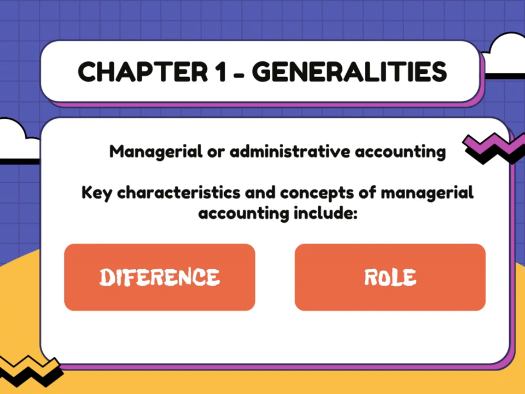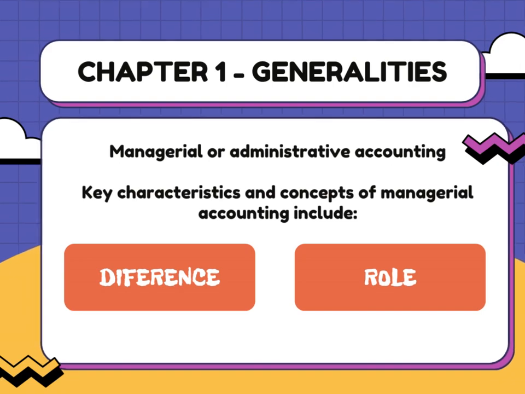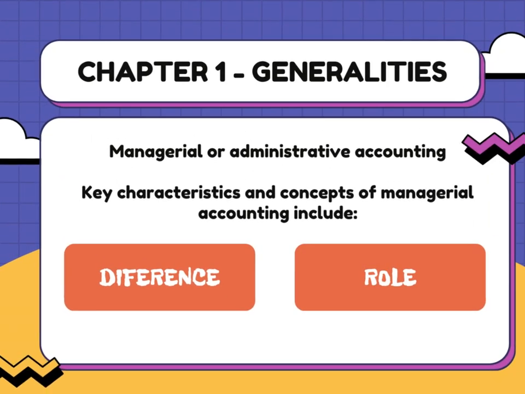Management accounting plays a crucial role in the administrative process of an organization by providing valuable financial and non-financial information that helps managers and executives make informed decisions and effectively administer the organization.